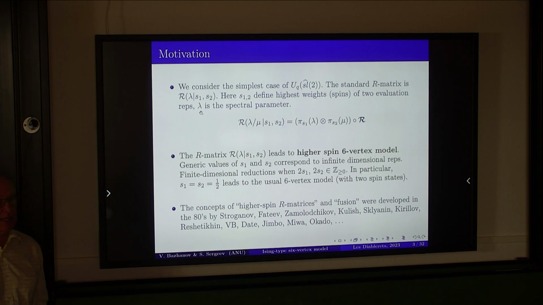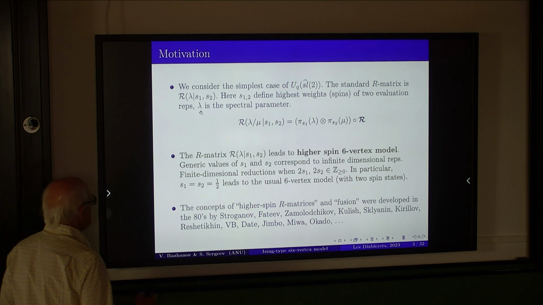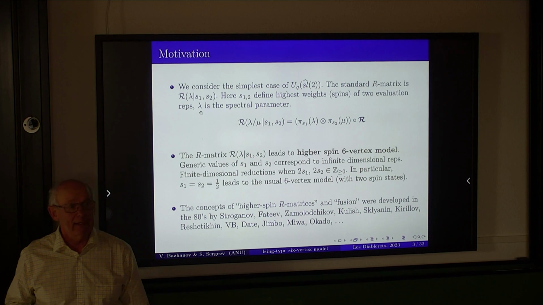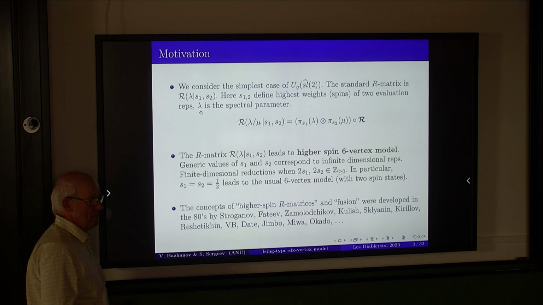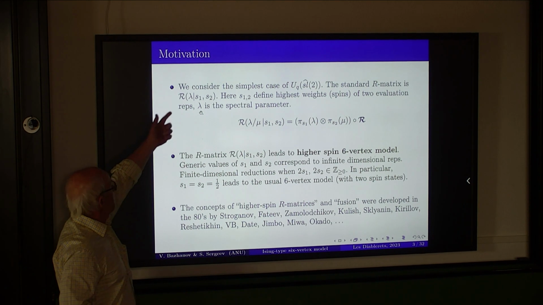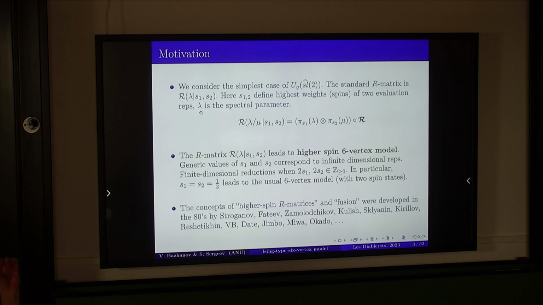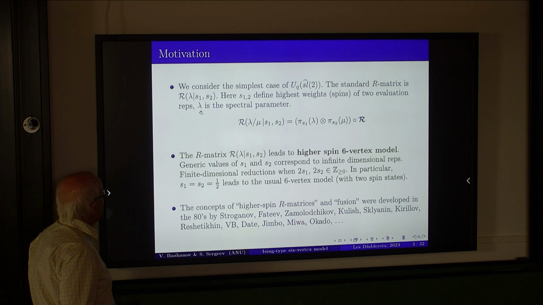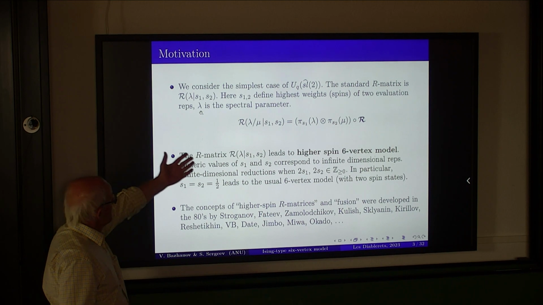Today we'll consider the simplest case of the affine quantum group U_q(sl2 hat), and the standard R matrix here will be R(lambda, S1, S2). S1 and S2 are just the highest weights, or spins, of the two evaluation representations of this affine algebra. And that's the definition.